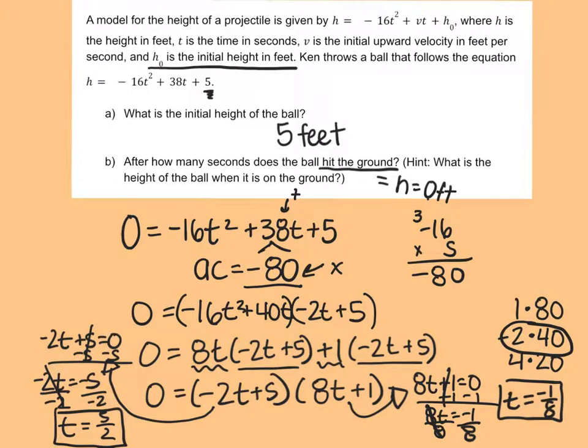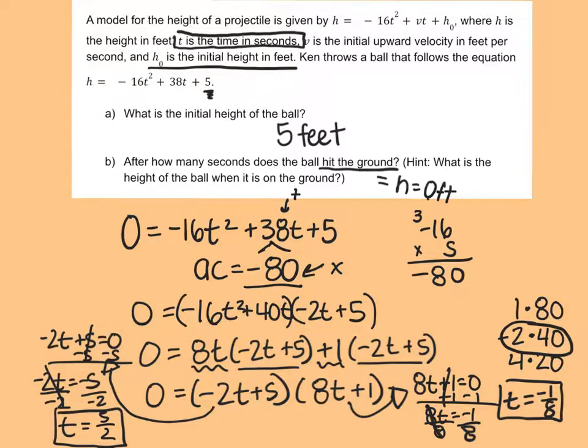Okay, so now that we have our two answers, let's see if they make sense. So our unit that we're talking about with t, it's the time in seconds. So we're throwing a ball and we want to know after how many seconds does it hit the ground. So our options are 5/2 seconds or negative 1/8 seconds.